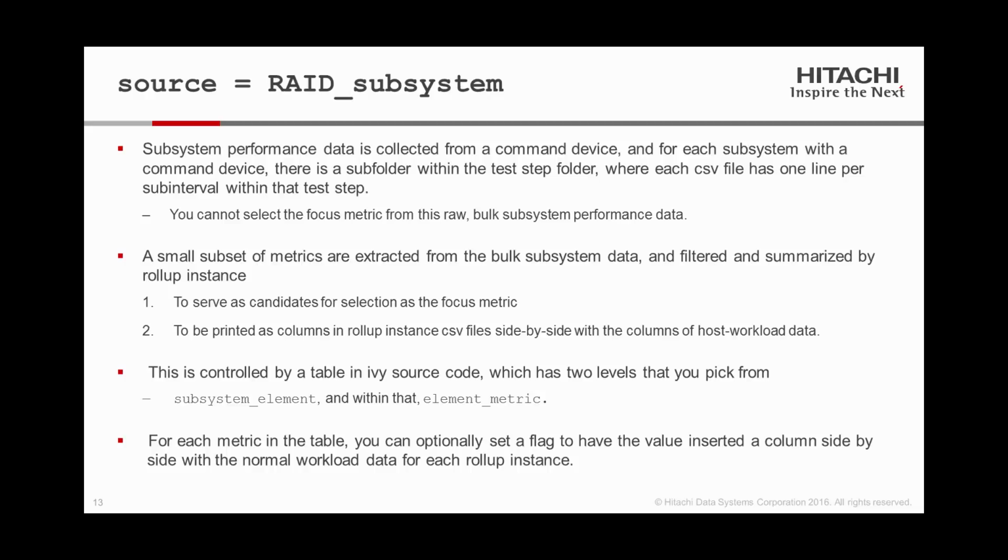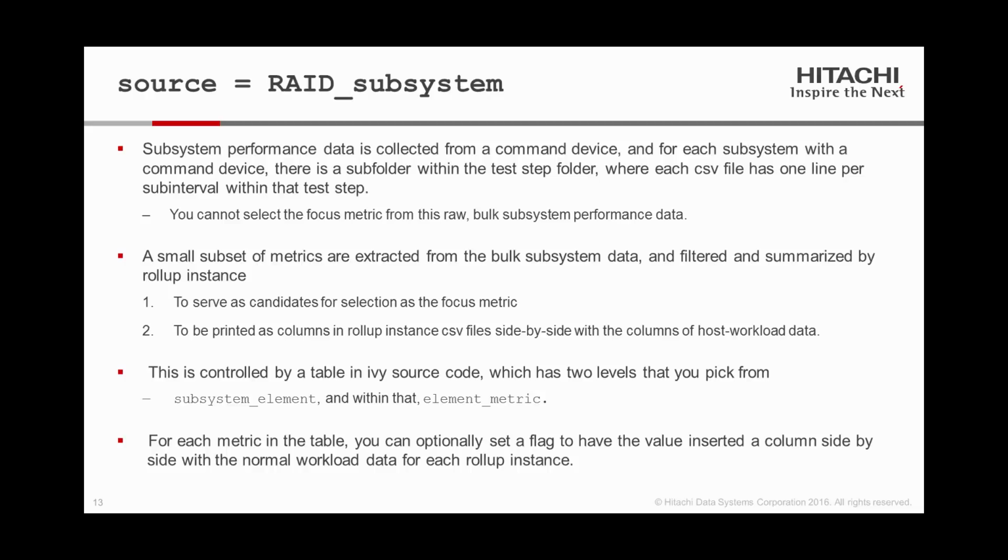And when we say filtered, what happens is, knowing the configuration of the subsystem and knowing which LUNs and which LDEVs are behind each roll-up instance, we can know which subsystem RMLab API particular resources should be associated with this roll-up instance and therefore accumulated. So for example, if you do a roll-up by MPU, you'll see 4 MP cores reporting for a single MPU in an HM800.